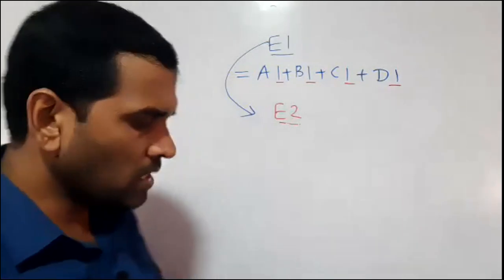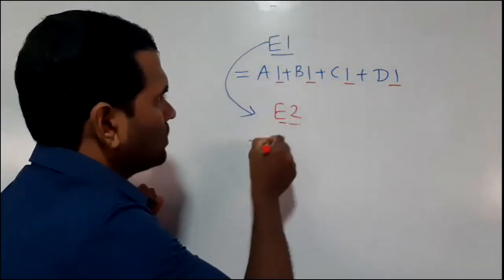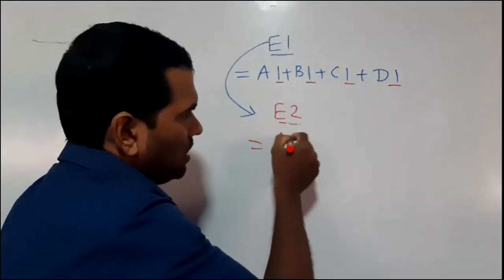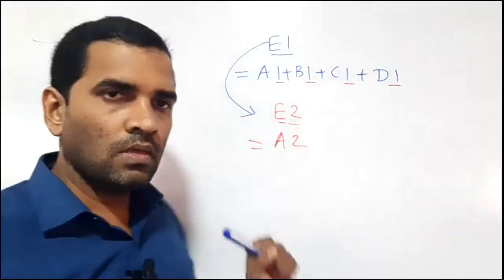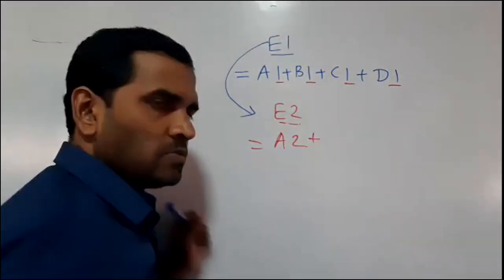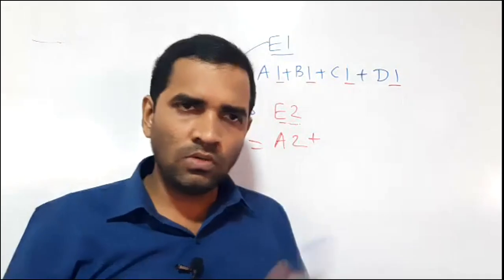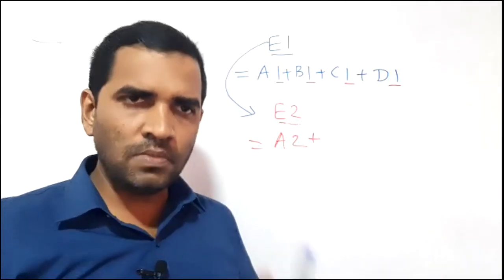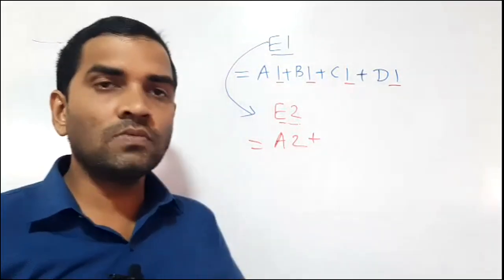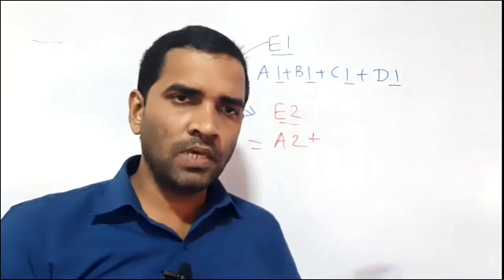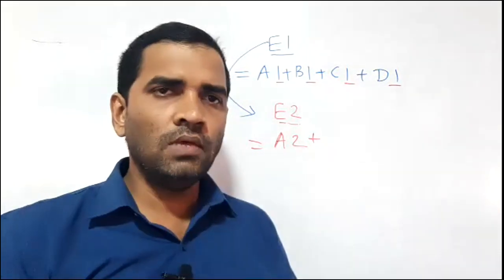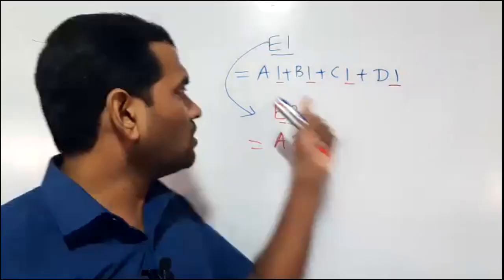So now what would be displayed in E2? A1 becomes A2. Plus is always plus, because when it is copied, that will be displayed, the same as in MS Word, when you copy your name and paste it several times, the same name will be displayed. So here also, the same thing.